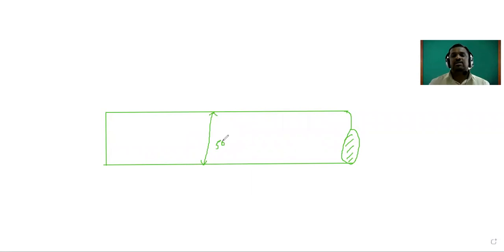And we have to give the deviation. Which deviation can we provide to the shaft, upper or lower? Lower.